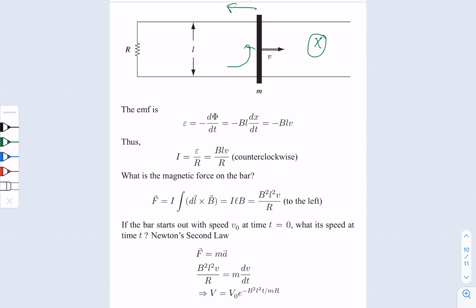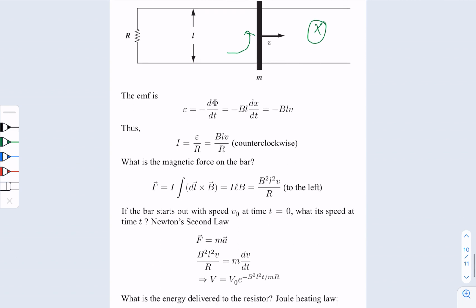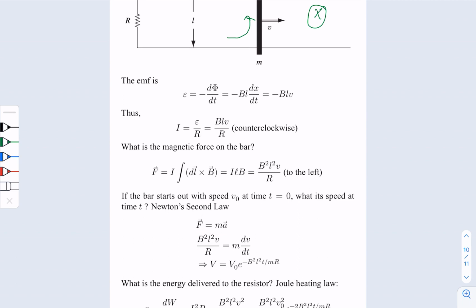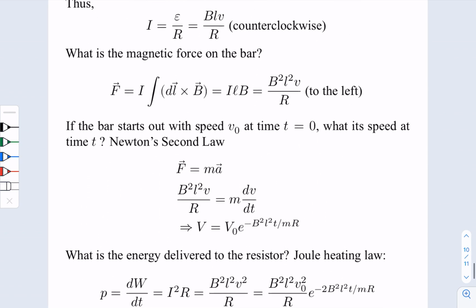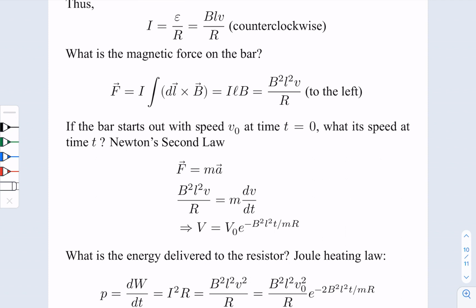Because the magnetic field will always give a force against the motion, it will always slow the rod down. So you can apply Newton's second law, F equals ma, and the ma on the right can be related to the magnetic force we just calculated.